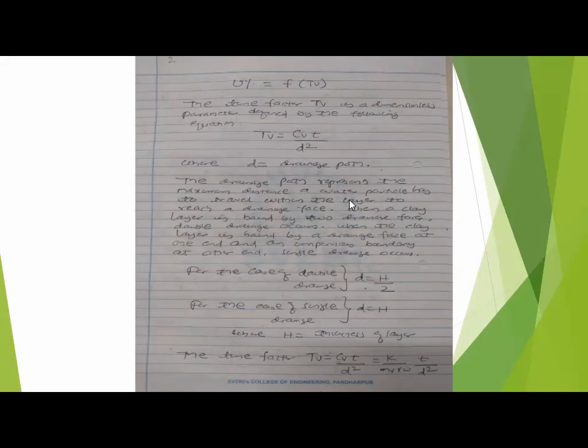Now the question arises, what is d? d is drainage path. Drainage path means how much distance that water is traveling.